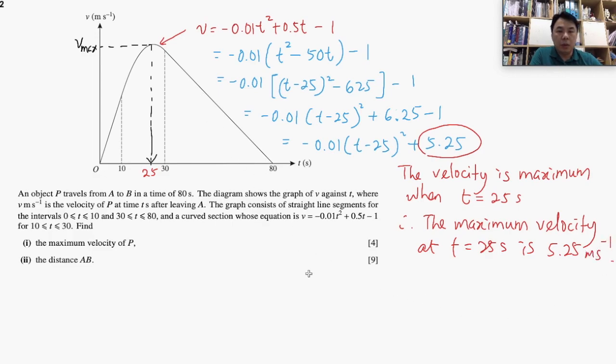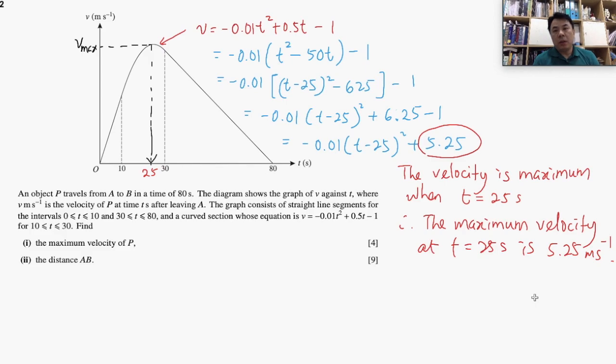Now that will be our maximum velocity. We can check whether it makes sense: 25 seconds is within the domain of 10 to 30 here, and the maximum velocity is found with a value of 5.25 meters per second. That's how we find the maximum velocity using the completing the square method.